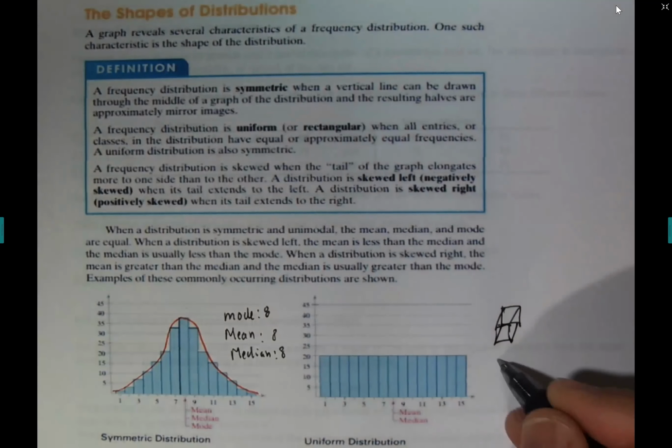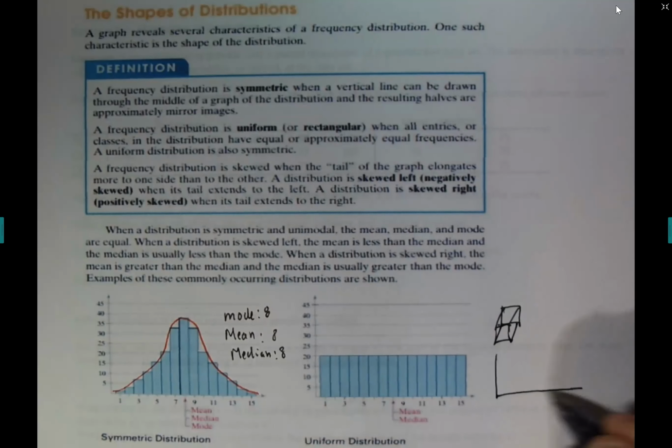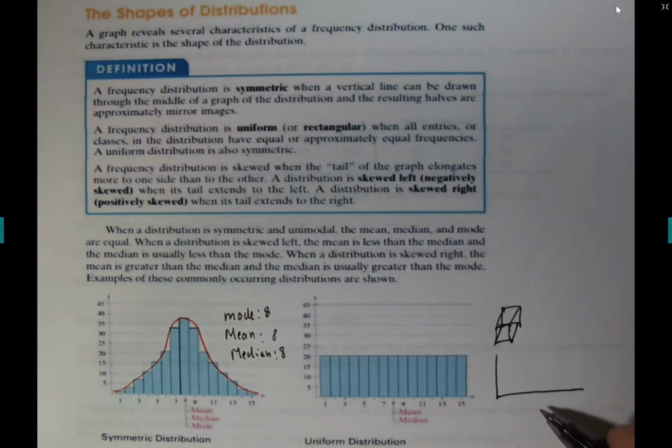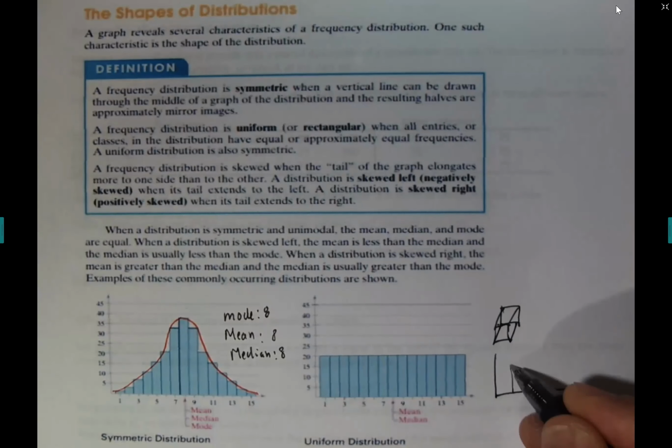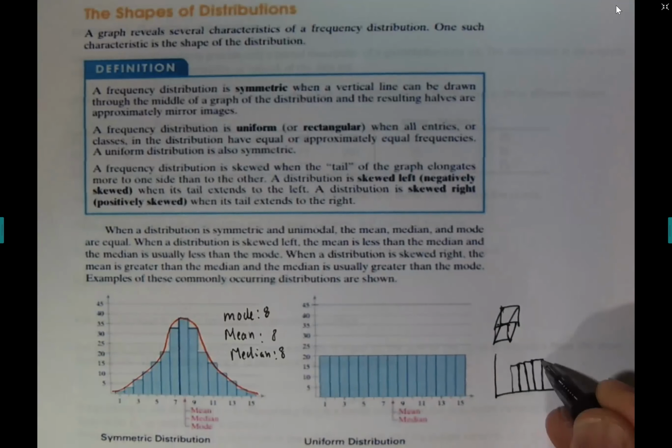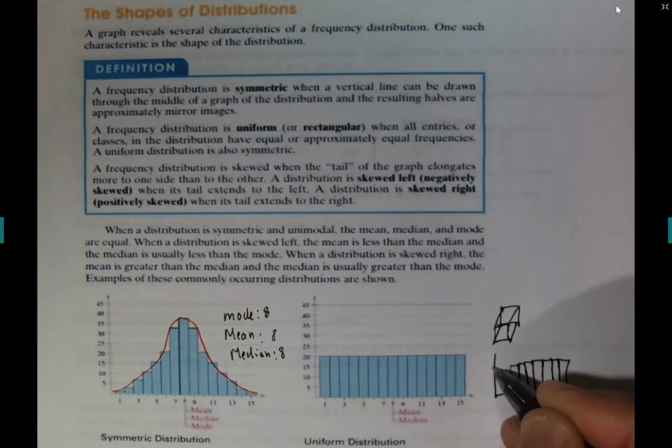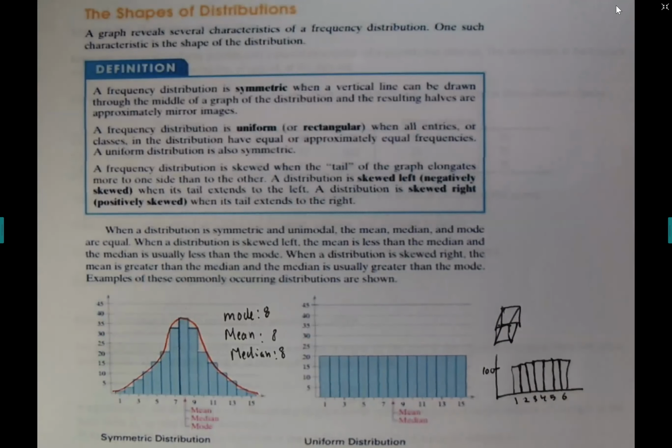How many times a 2? How many times a 3? It's going to be 100 times each because they all have the same chance, so it will be something like this. It's not going to be exactly 100, which I'm going to show you in a second, but it will be something like that. And that's 100 here. That's another example of a uniform distribution.